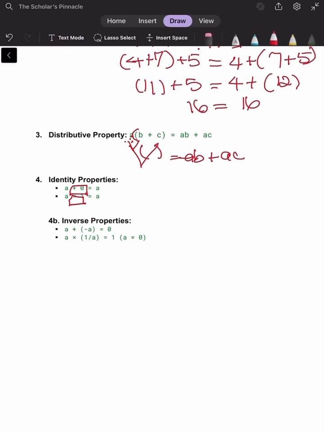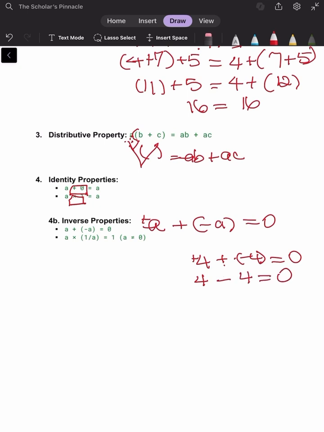This is where a number plus the negative of that same number gives you 0. It makes sense. In this case, positive 4 plus negative 4 would certainly give you 0.